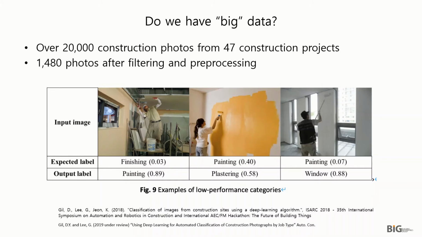And as Jakob proposed yesterday, we need a big database where we can share these types of things. I talked only about construction photos. Probably we need to have something like ImageNet for construction photos. One of the most advanced deep learning websites for image recognition is Clarifai.